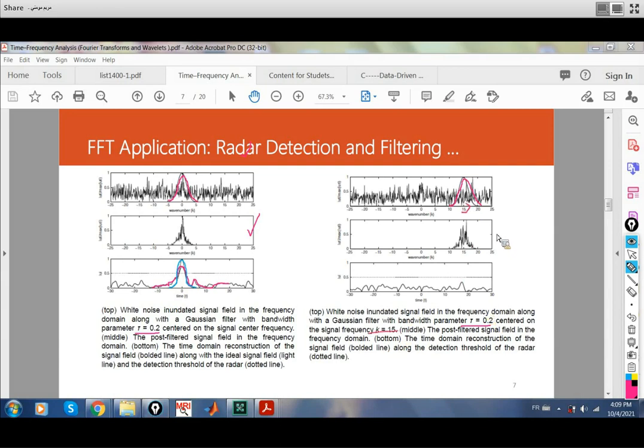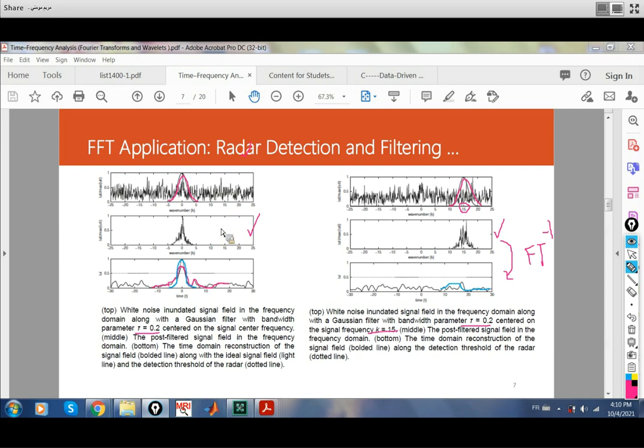After filtration in the frequency domain, we have this, and then if we use inverse Fourier Transform, we have this blue signal. Okay, and it is clear that this blue is far from the original. Then choosing the parameter of filtering in the Fourier Transform is so important.